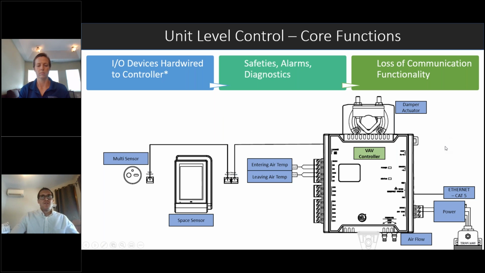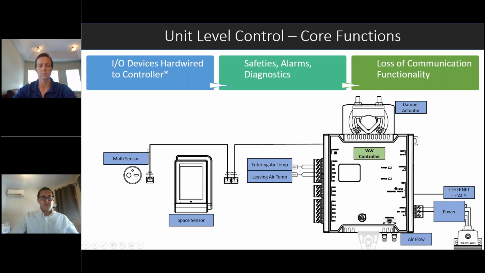Finally, if you were to lose communication with the rest of the BAS, this controller will allow that piece of equipment to operate in the most efficient manner it can based on the data it has available. Probably not as efficient as when it's networked with the BAS, but it will still continue to operate that piece of equipment.